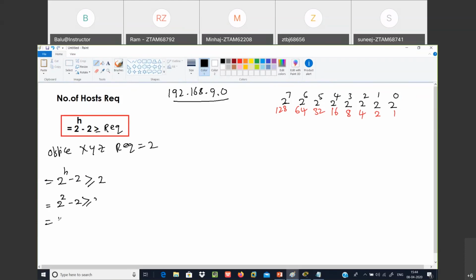So 2 power 2 is 4, minus 2, exactly we can get 2 valid hosts per subnet. Right? My requirement is also 2 IP addresses.